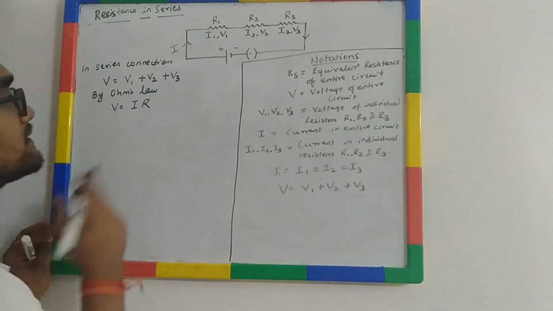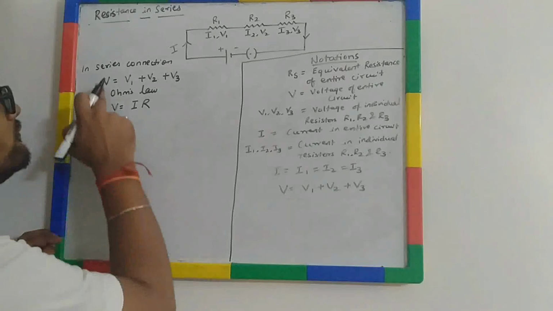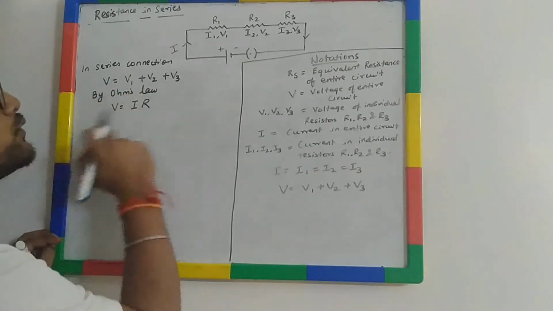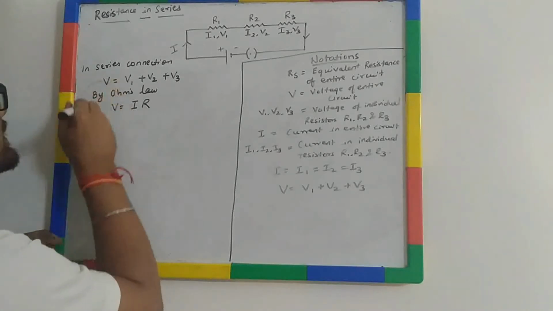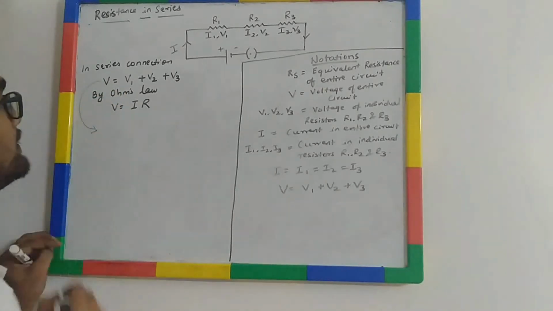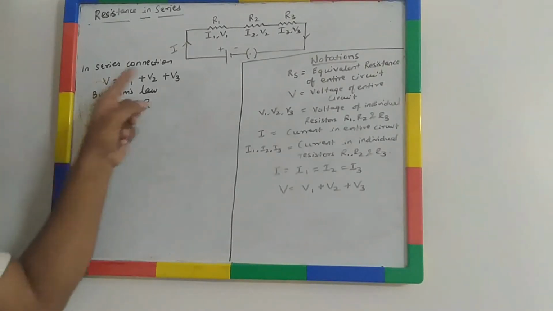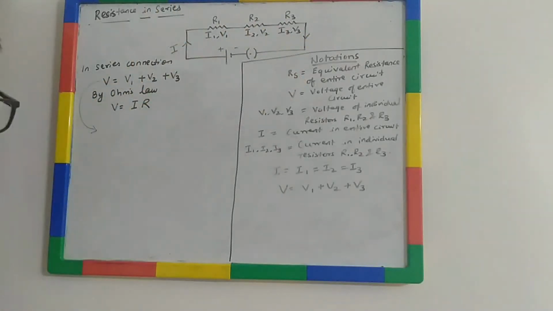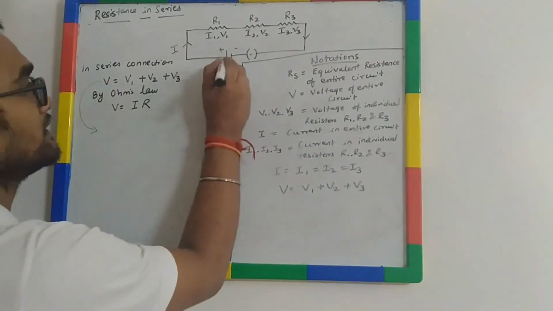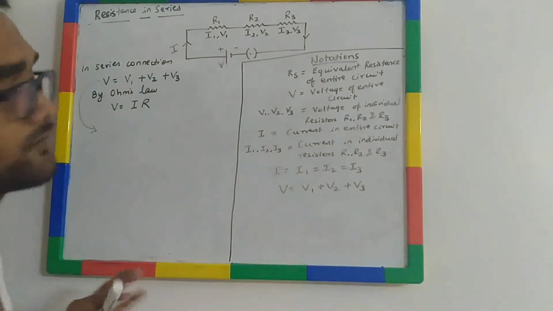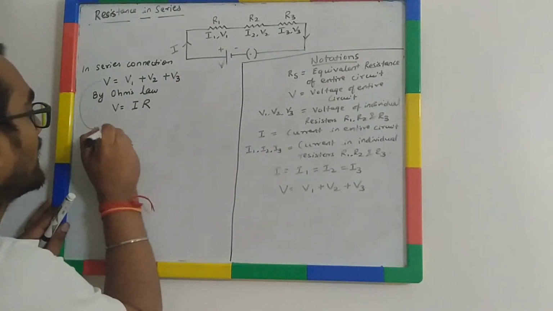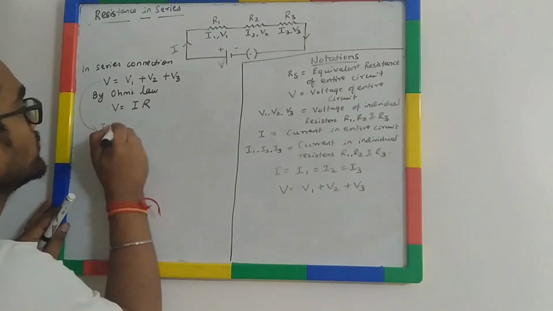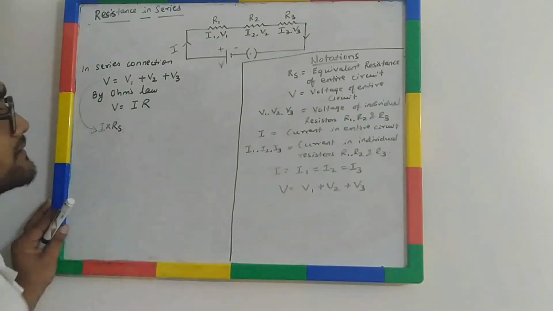So, by inserting the respective values of V, V1, V2 and V3 with the help of Ohm's law, we get: V is the entire voltage of the circuit, so it will be equal to I into RS.